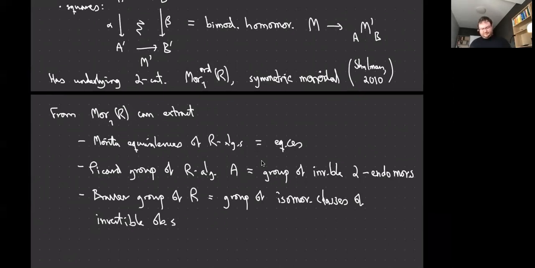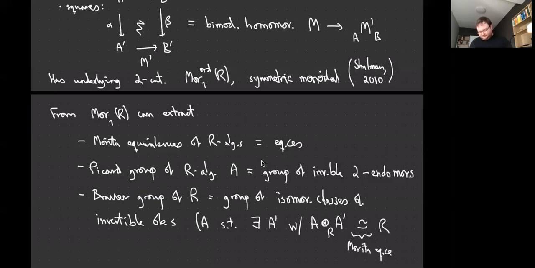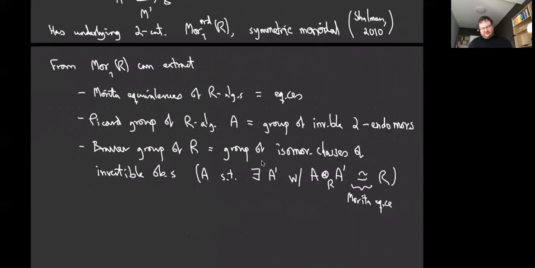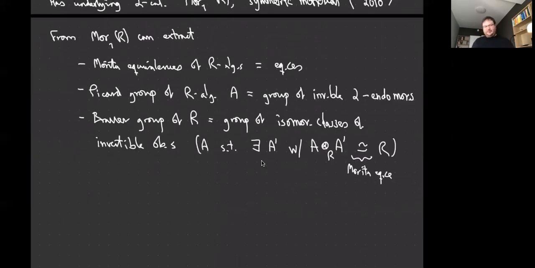An invertible object is an object A such that there exists another A prime that is inverse to it, in the sense that if I tensor them together over R, A and A prime, then that's equivalent to the unit R, but this is an equivalence in the sense of Morita equivalence. So this is one way of saying what an Azumaya algebra over R is.